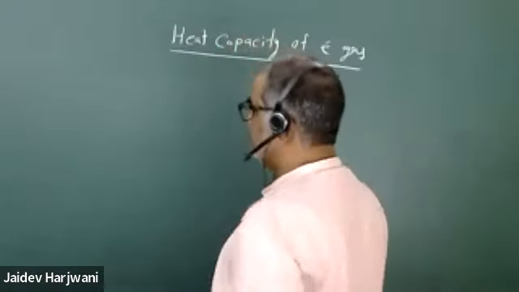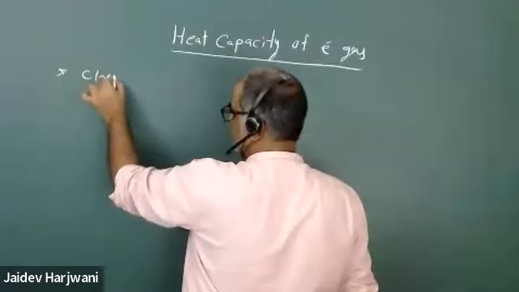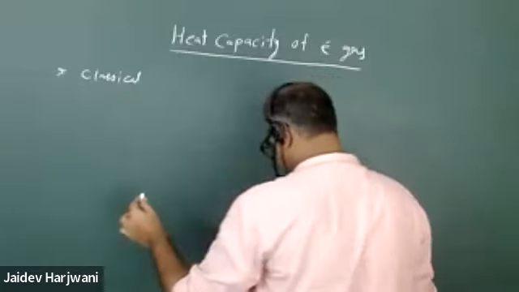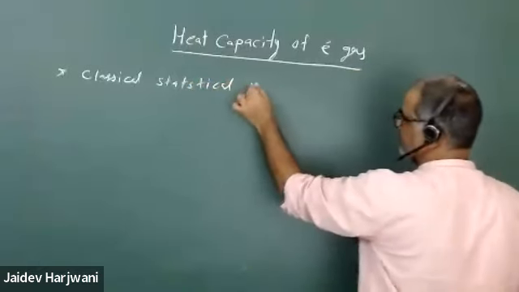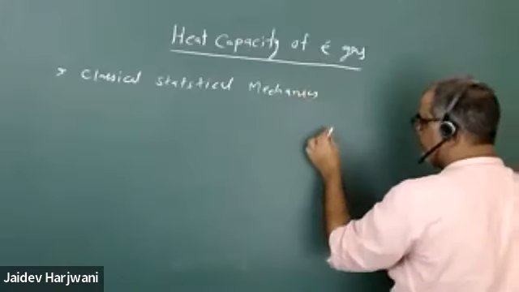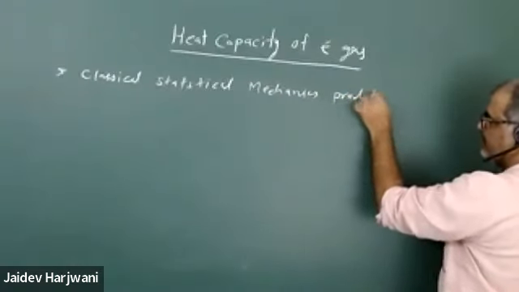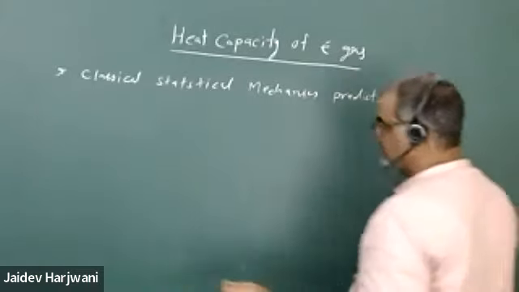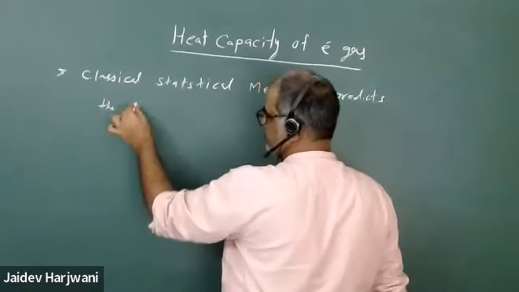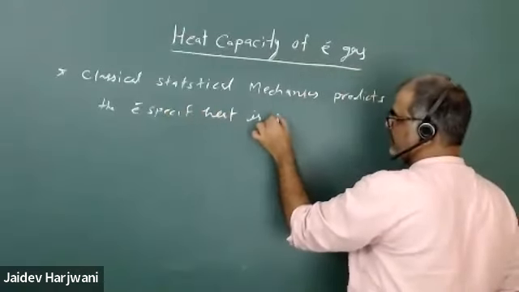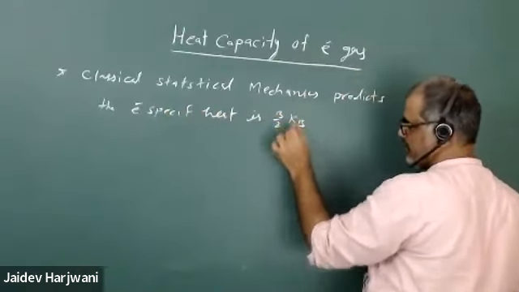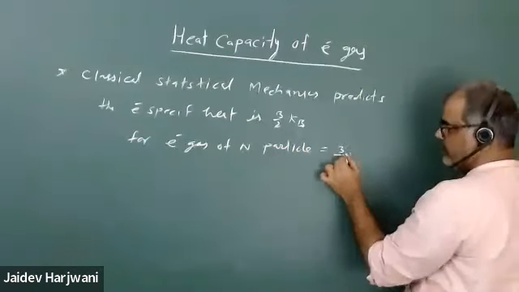So we know that classical statistical mechanics predicts that the electron specific heat is 3/2 kB, and for an electron gas of n particles we can write 3/2 nkB.